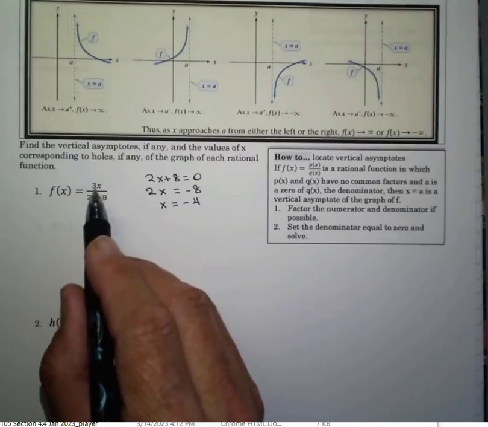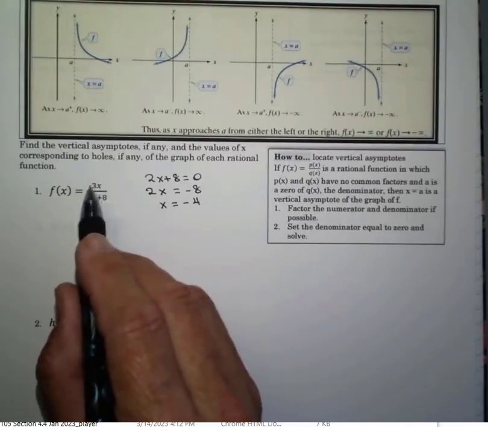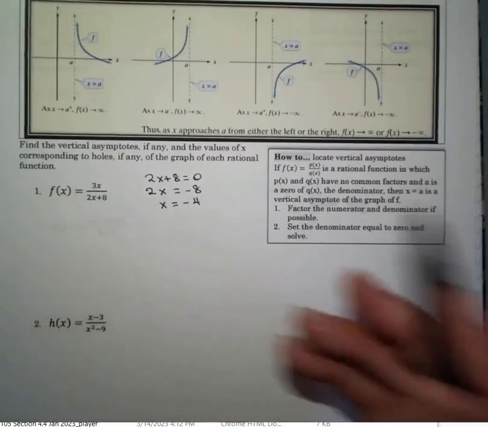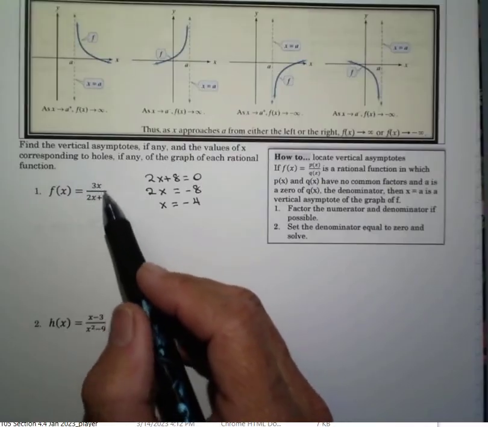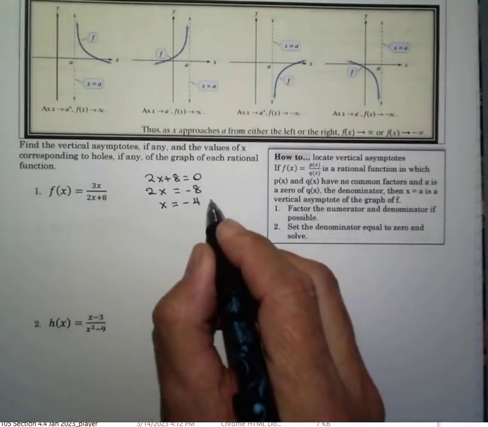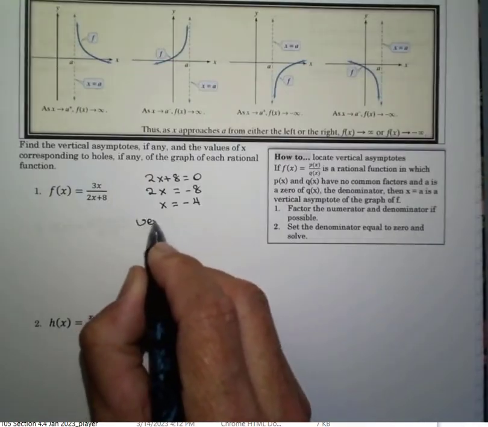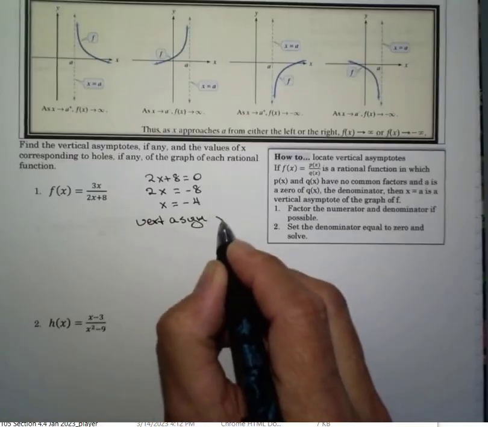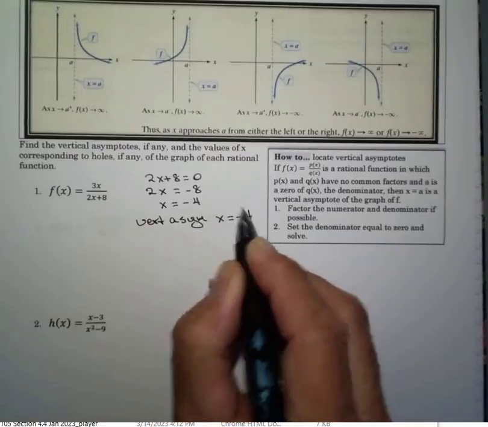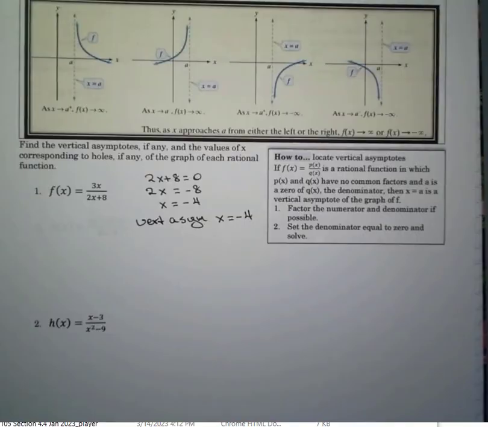Well, that would be 3 times negative 4, which would be negative 12, so it's not 0. Therefore, it is not a hole. A hole in the graph causes both numerator and denominator to be 0. So this is a vertical asymptote, and it is x is equal to negative 4. If it had caused both numerator and denominator to be 0, it would be considered a hole in the graph.